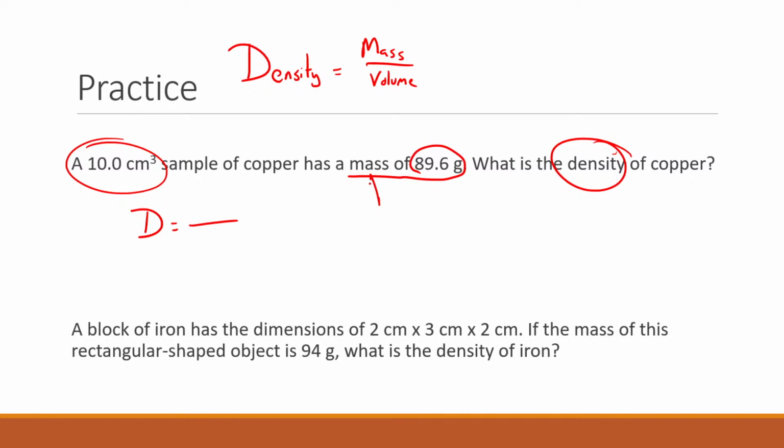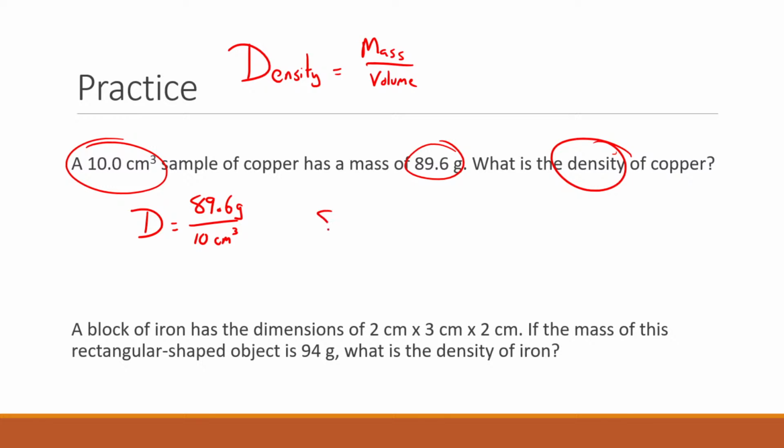They tell us a mass of 89.6. They tell us the unit of grams, which if they didn't say mass, we could recognize as a mass unit. So 89.6, no matter which way you slice it, is going up top, which means 10 centimeters cubed is going to go in our denominator.